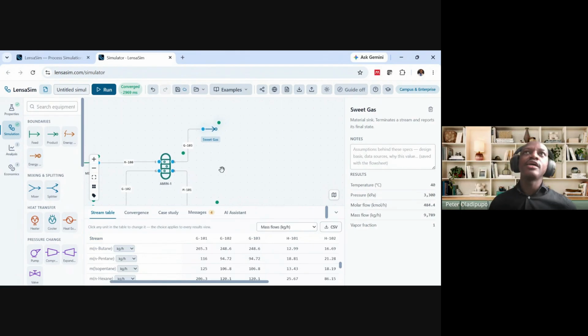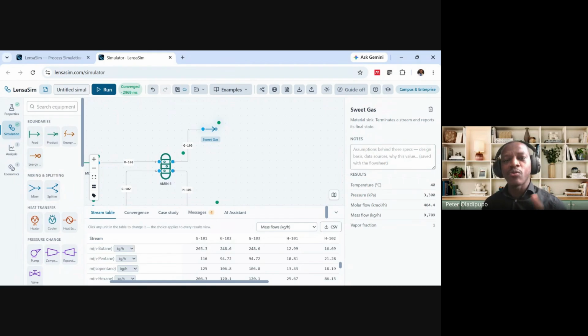Now, the sweetening unit is an absorption tower, like I told you, and we have an absorbent, MDEA, that removes the CO2 and H2S as gases from that stream. We have what is known as a molecular sieve dehydration unit that is used for removing water vapor from a gas stream like this.